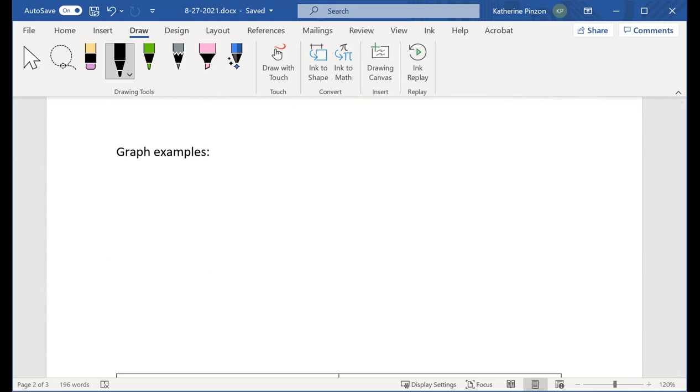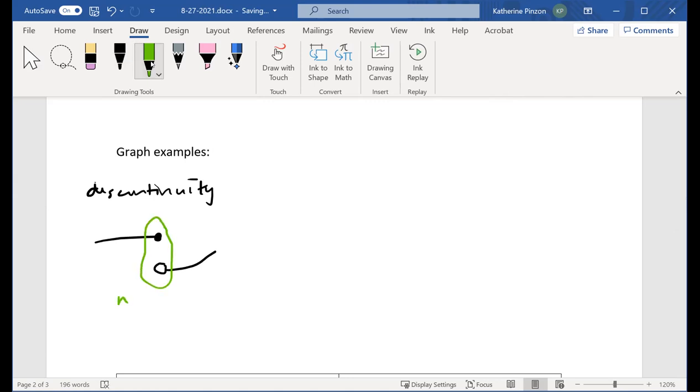We know what examples of discontinuity look like. Here's one. Right here at this x value, it would be not differentiable. At all the other x values, all the pieces and all the other points, it would still be differentiable. Corners or cusps could look like this or like that.